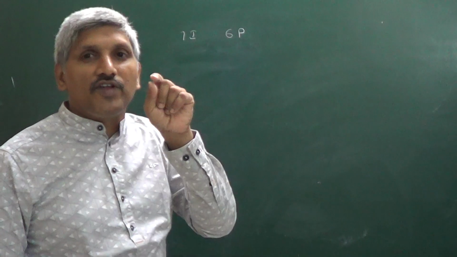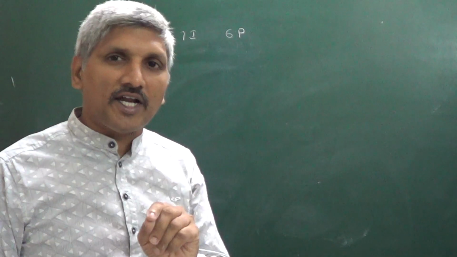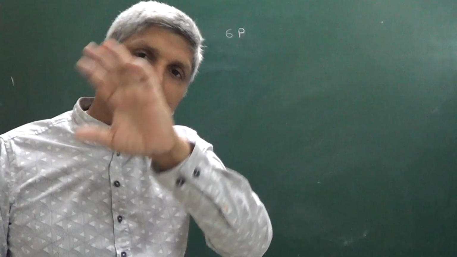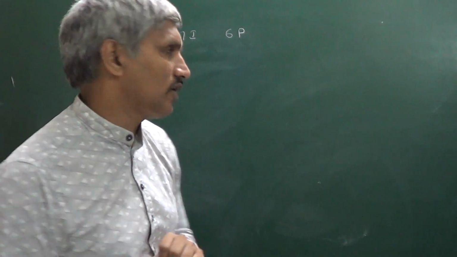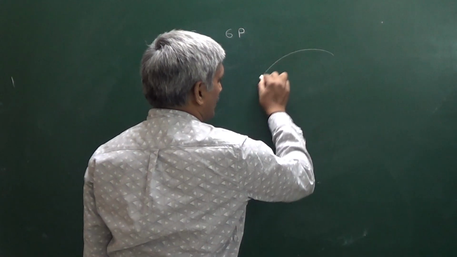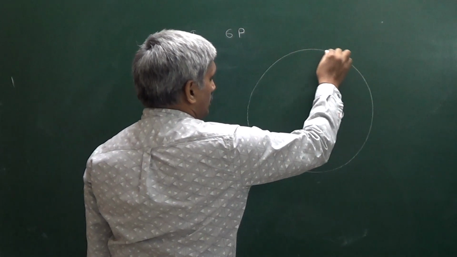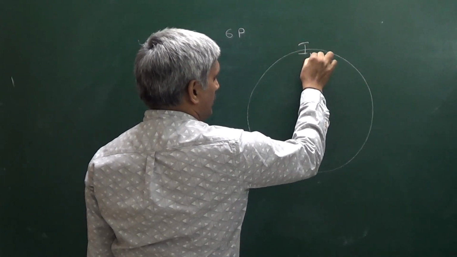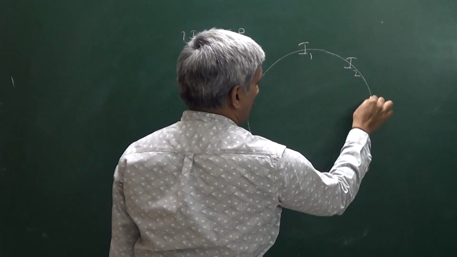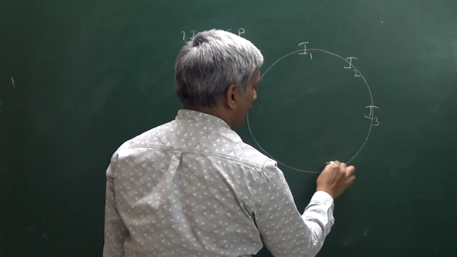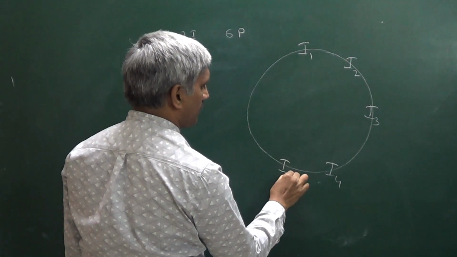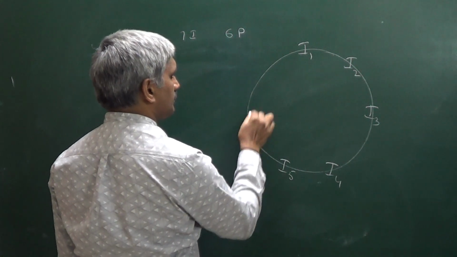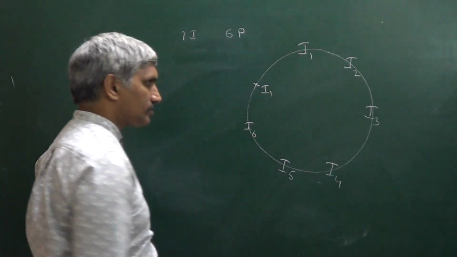The number of different arrangements such that no 2 Pakistanis sit together. Okay, first of all, arrange 7 Indians, I1, I2, I3, I4, I5, I6, I7.